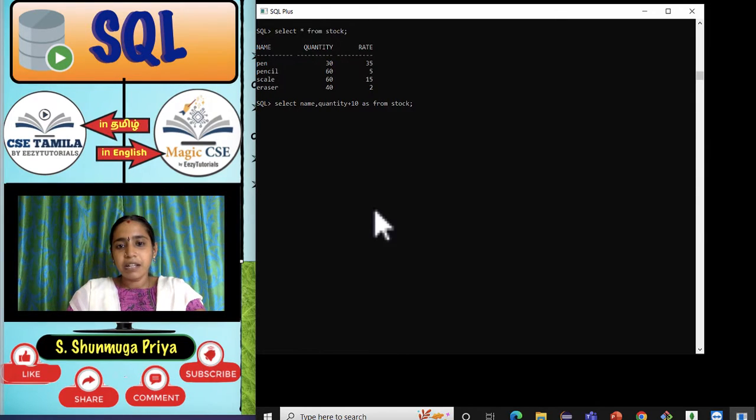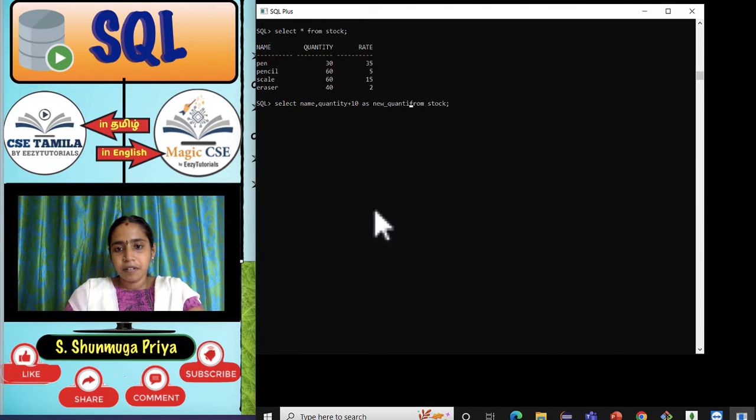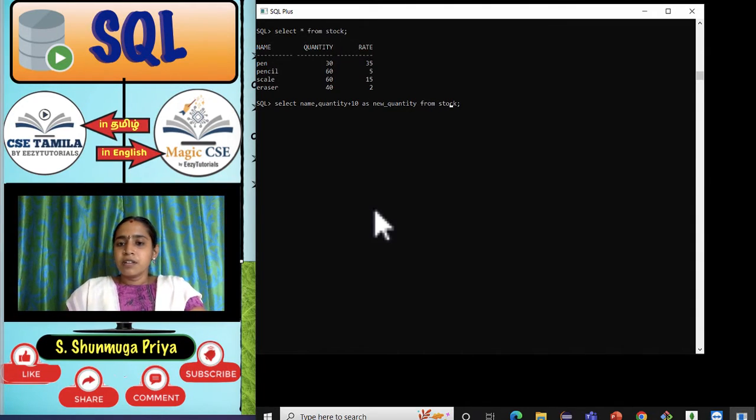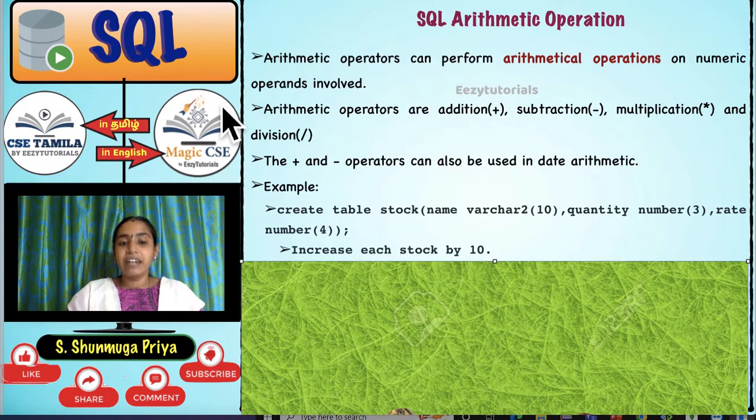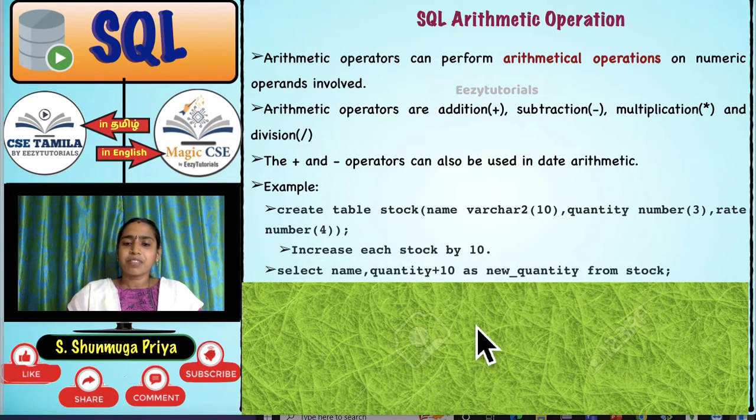I can rename it as new quantity. So this will increase my quantity. Previously it was 30, 60, 60. Here it is 40, 70, 70. So each entry is increased by 10.